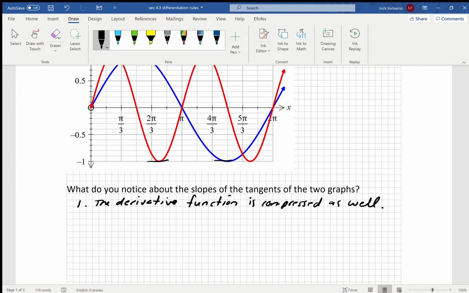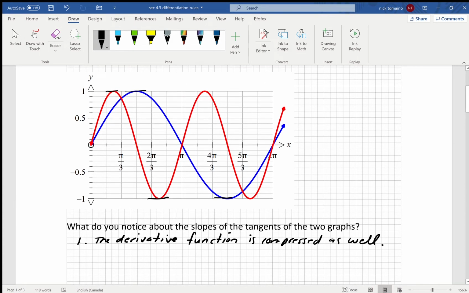And the second thing we're going to notice is, if we look at what we did yesterday, the x-intercept on the blue graph, and we drew a tangent line and figured out the slope of the tangent, we pretty much got that it was equal to 1. Now, if we look at the red graph, let's try to draw a tangent here.